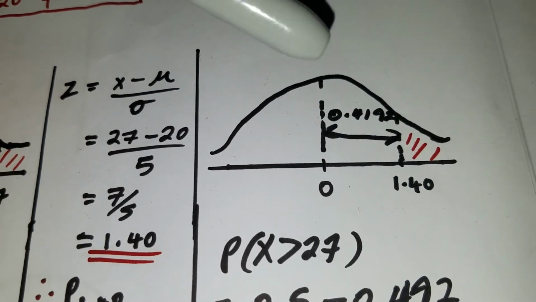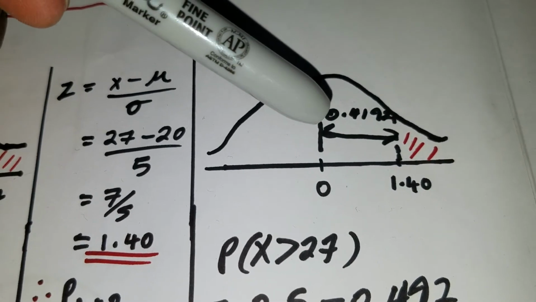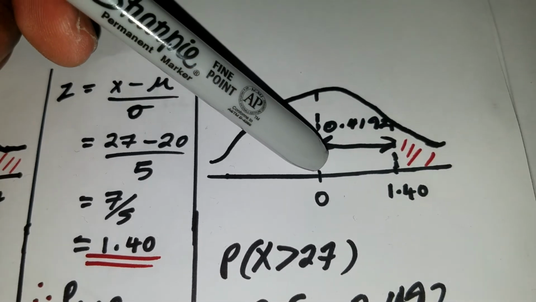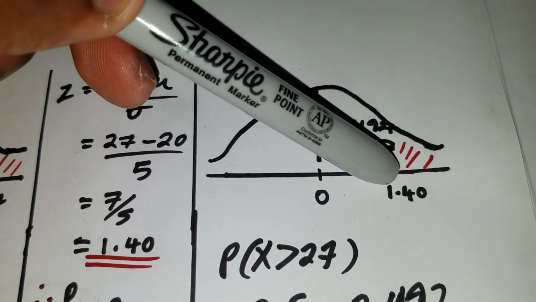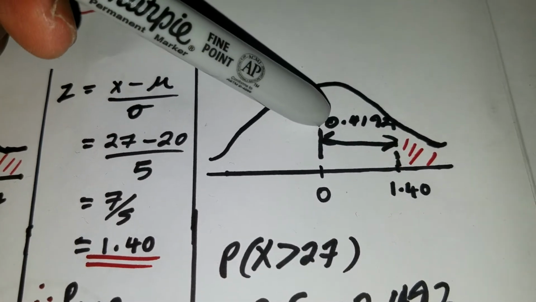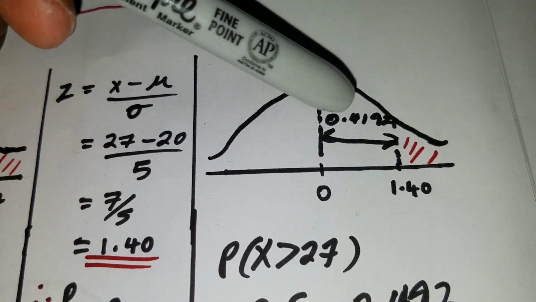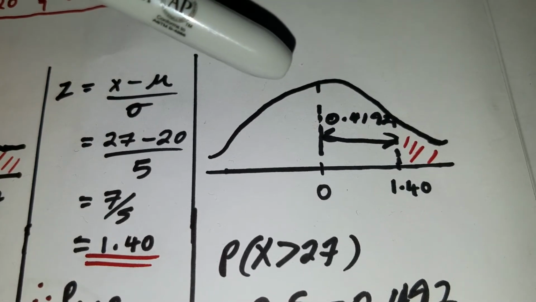And remember, when reading this z-score table, the probability is always read from 0 to z, where z is 1.4. So the probability is 0.4192, and this is the space occupied by that probability.